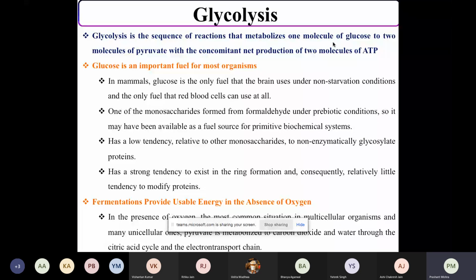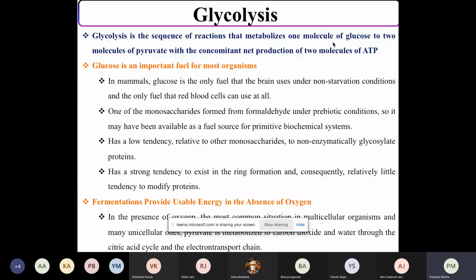You may have noticed that if the brain does not get energy for even a few seconds, you will feel uncomfortable and dizzy, and that's where the importance of glycolysis comes in. That's why patients suffering from diabetes, who do not have the capability to store glucose in their cells, sometimes feel dizziness if they do not eat at the proper time. So that is where the importance of glucose comes into play.